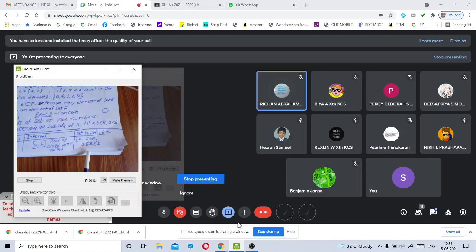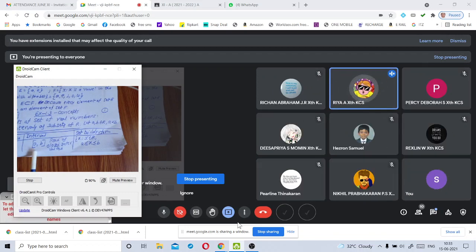Okay, sir. Now Ria, read this interval and the set builder form. This is the interval form and this is the set builder form. My dear Ria, read this one.